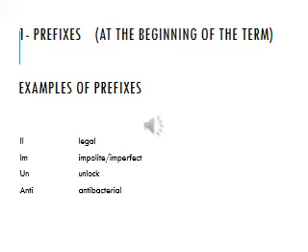What is a prefix? A prefix is a syllable that is added at the beginning of the term to mean something in particular. Okay, so it is a part of a word. It's not a word.